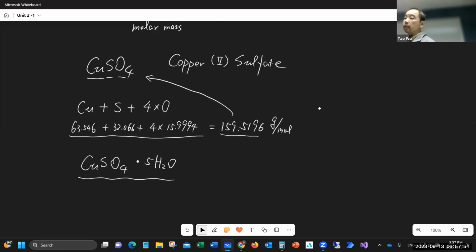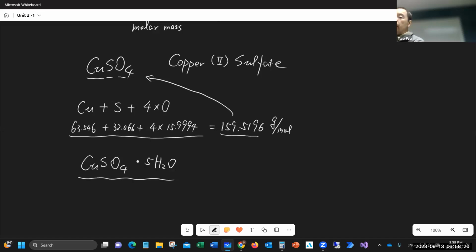This is called copper(II) sulfate, and there's a dot over here. You don't have to write any dot. Then the 5 here means pentahydrate. Remember penta, right? So this is copper(II) sulfate pentahydrate.